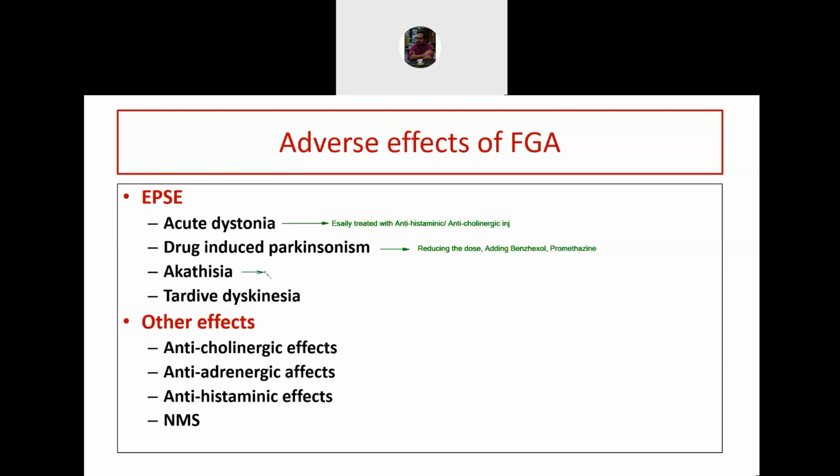Akathisia is caused by adrenergic hyperactivity, probably beta-adrenergic hyperactivity. The person feels very restless and cannot sit in a single position. When this adverse effect occurs, apart from reducing dose of the drug, treatment is done with a beta blocker.